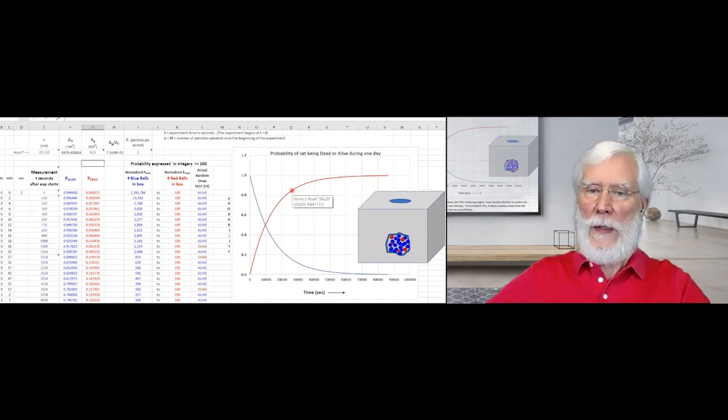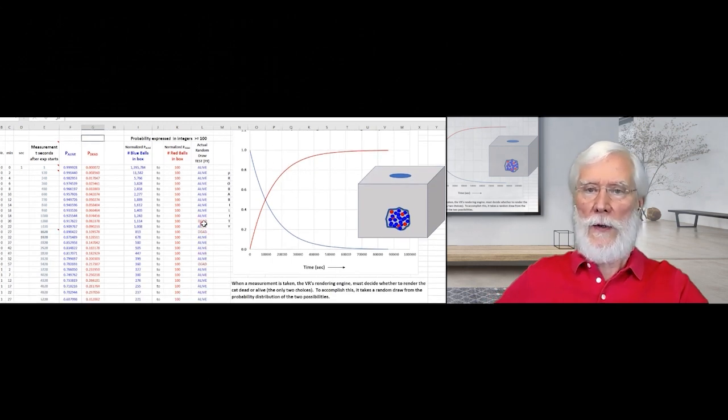So if you happen at this point, let's say where we are right here, here's the first dead that occurs, at 20 minutes. If at 20 minutes in, even though it's much more likely, 1,104 to 100, that the cat will be alive, well, that time, that random draw pulled out a dead. And when you make that measurement at that time, you get a dead cat.